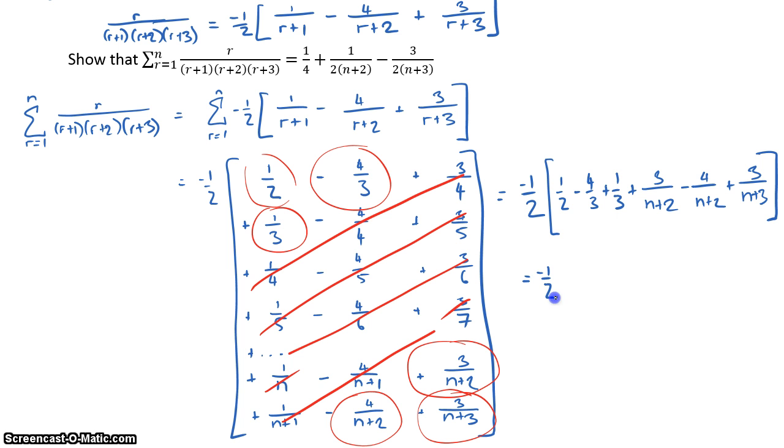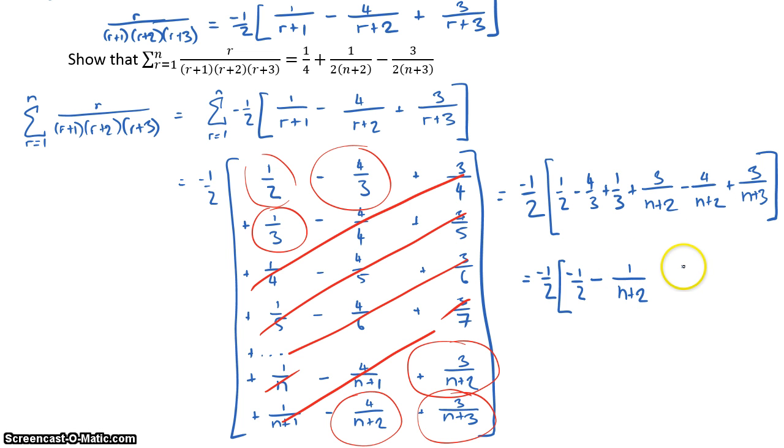Negative 1/2, and then this is 1/2 minus 4 over 3 plus 1/3, that's 1/2 minus 1, that would be negative 1/2. And then 3 over n plus 2 minus 4 over n plus 2, that would give me minus 1 over n plus 2.